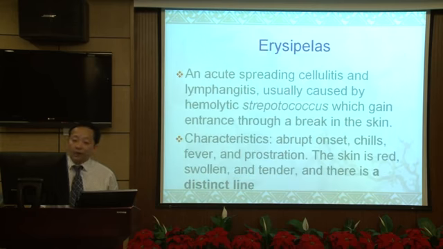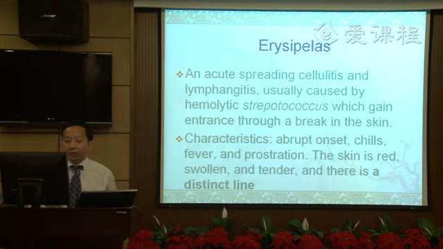Erysipelas means an acute spreading cellulitis and lymphangitis, usually caused by hemolytic streptococcus, which gains entrance through a break in the skin. It is characterized by abrupt onset, chills, fever, and prostration.